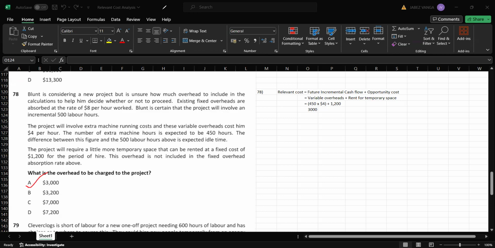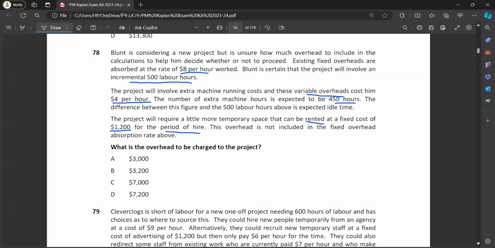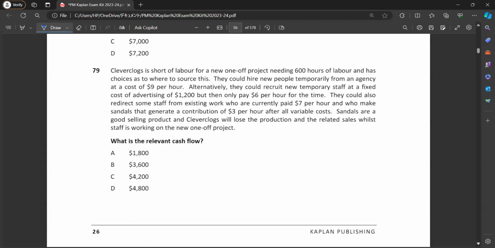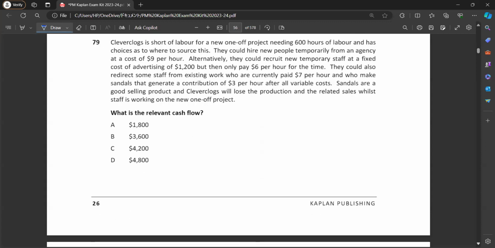Let's answer question number 79. Question number 79 says that Clever Clocks is short of labor for a new one-off project needing 600 hours of labor and has choices as to where to source this. They could hire new people temporarily from an agency at a cost of $9 per hour.